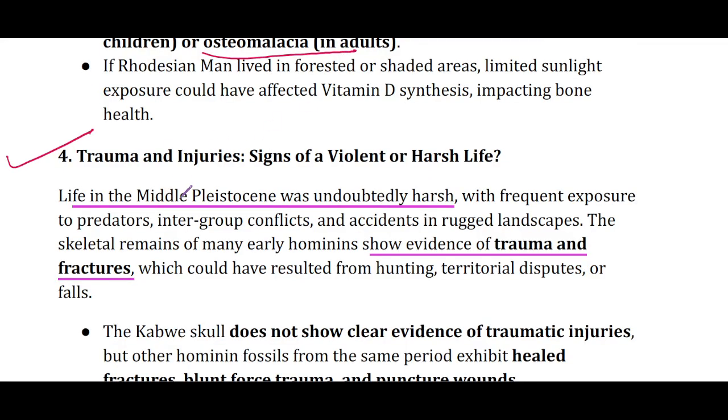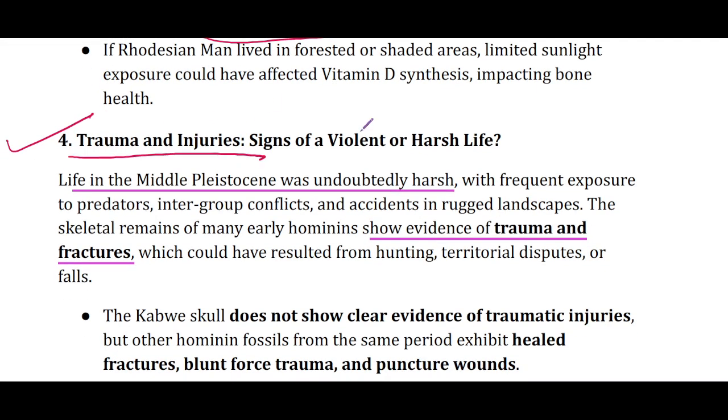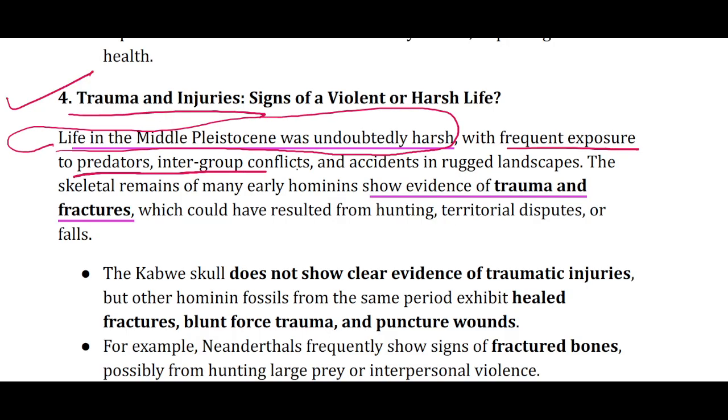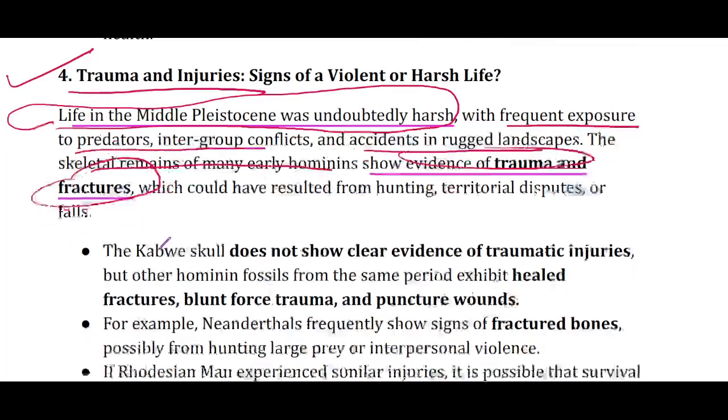Now, the next interpretation is about trauma and injuries. Life in the Middle Pleistocene was undoubtedly harsh, with frequent exposure to predators, intergroup conflicts, and accidents in rugged landscape. The skeletal remains of many early hominins show evidence of trauma and fractures.